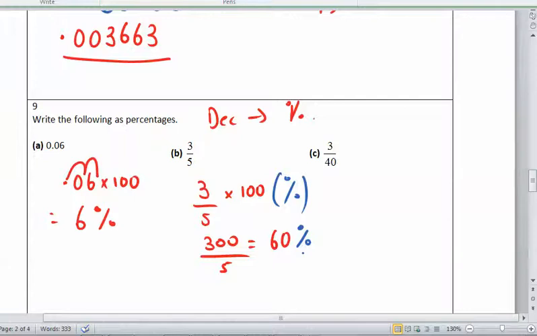Now remember, it helps to do some estimates. If you just had the whole number 1, that's 100%.